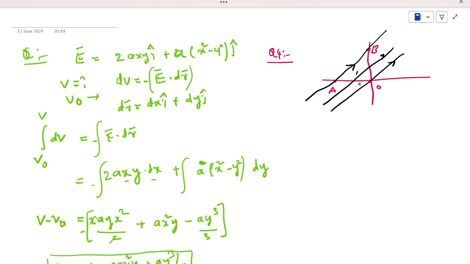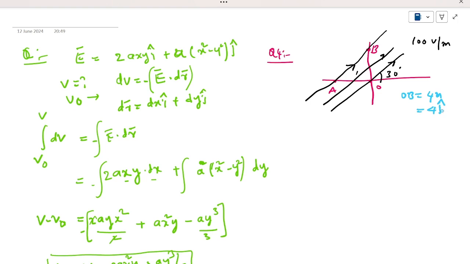So a uniform electric field. The value of the electric field is 100 volt per meter, because V by d is volt per meter, acting at an angle theta equal to 30 degrees. And here OB is given: the distance OB is 4 meters, which I can write in vector form as 4 j cap.